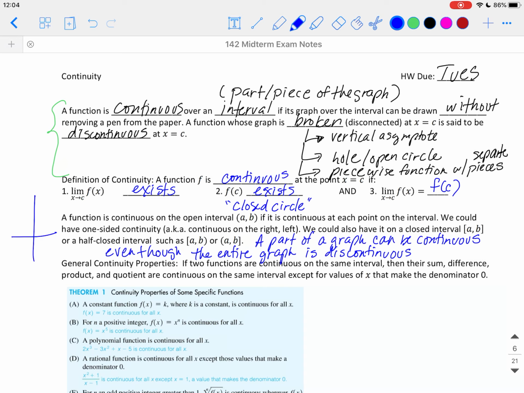For example, if I'm looking at this graph right here, the entire graph itself is discontinuous because there are two pieces. I have to lift up my pen in order to complete the entire graph. However, if I'm just looking at this piece from here to here, that one is continuous. So that's what that paragraph says.